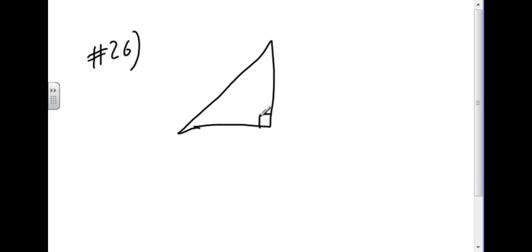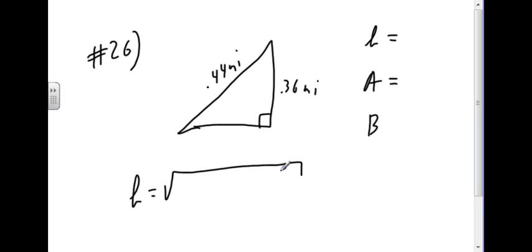Right triangle, 0.44 miles, and little a 3.63 miles. So we want little b, A, and B. And we don't want very much of them, we just want a little bit of them. Okay, so little b, square root of 0.44 squared minus 0.36 squared.